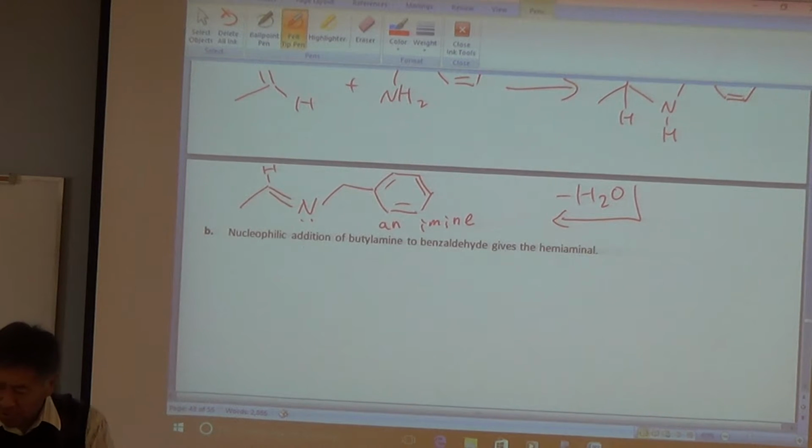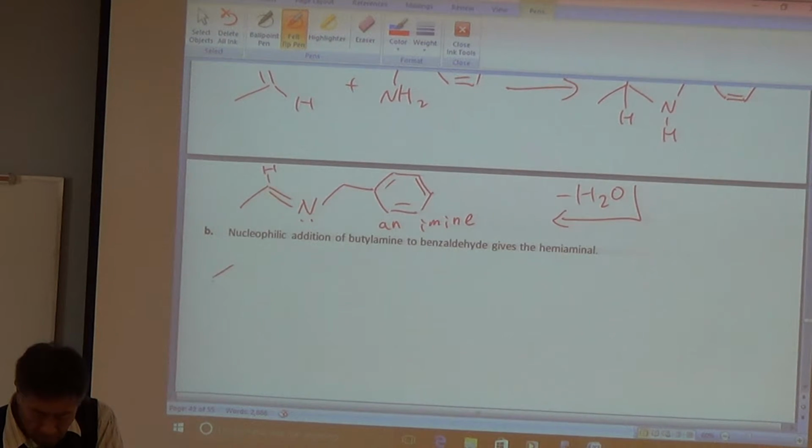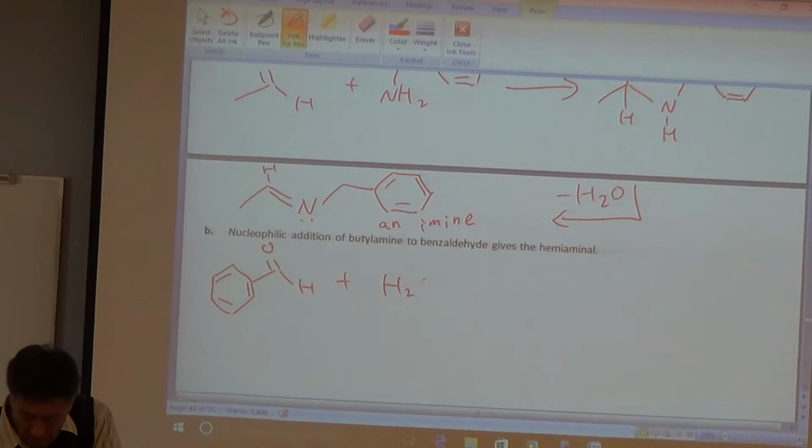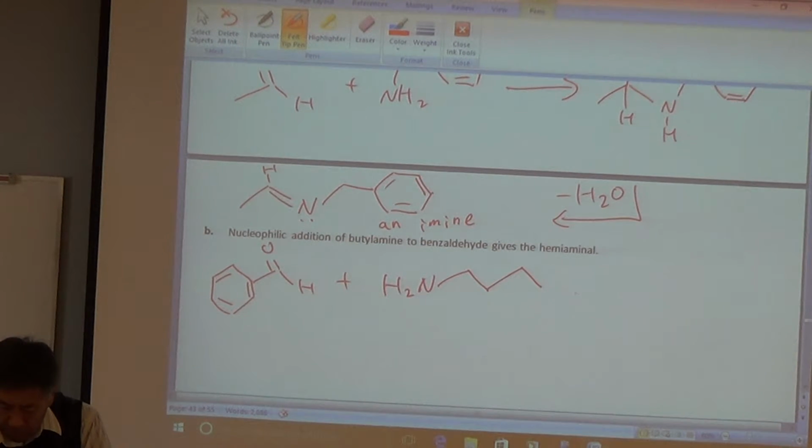Okay, the next question, you will have this benzaldehyde and butylamine. Benzaldehyde, the benzene. Butylamine, H2N with four carbons. So this butylamine.